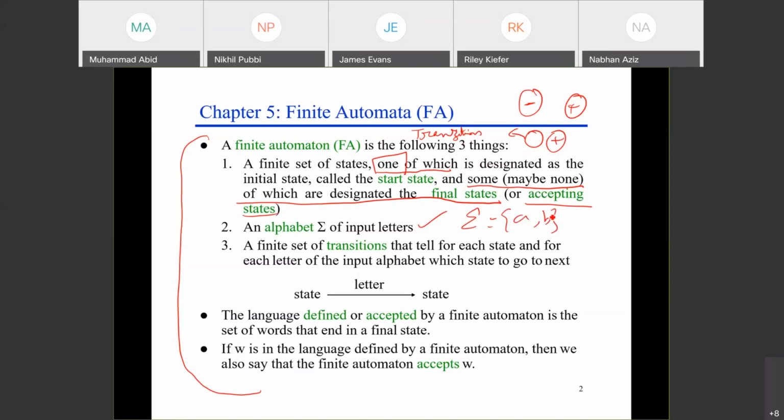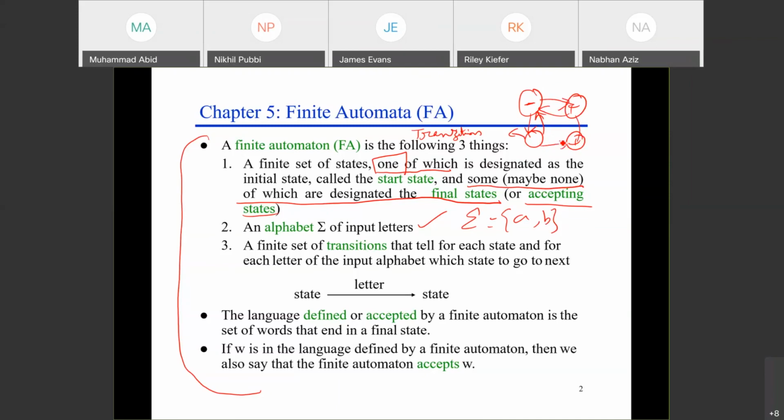A finite set of transitions that tell, for each state and for each letter of the input alphabet, which state to go to next. So now these states are well connected with each other by some transitions, and there is an arrow here. It will tell you the direction of that. Okay.